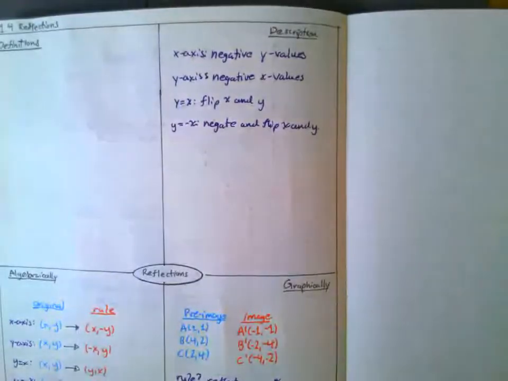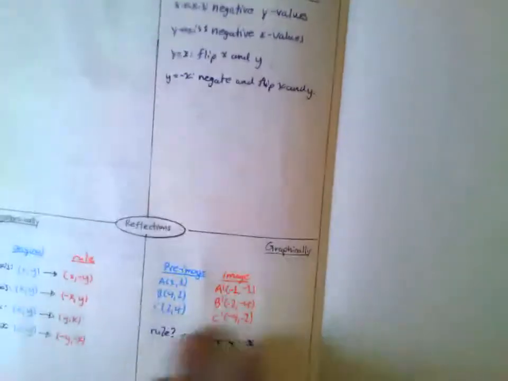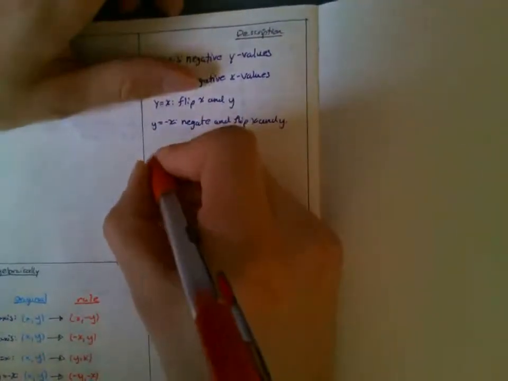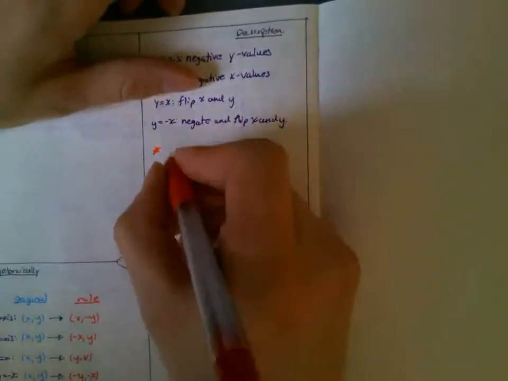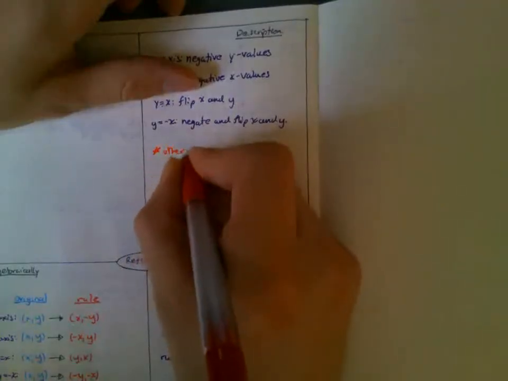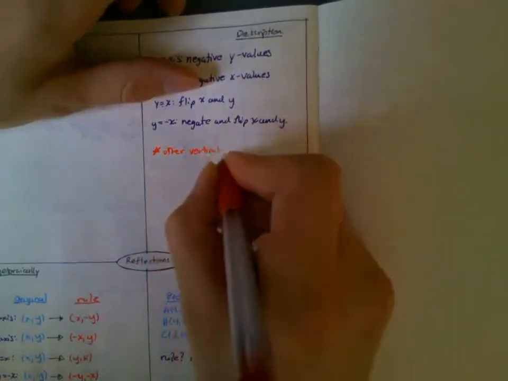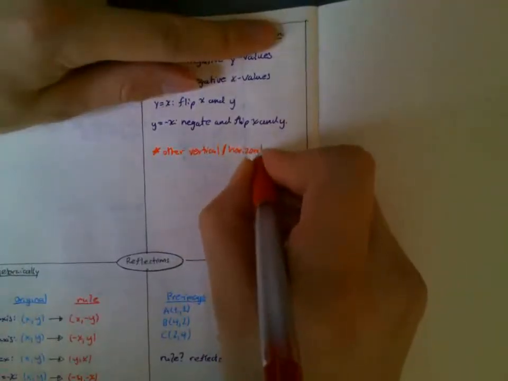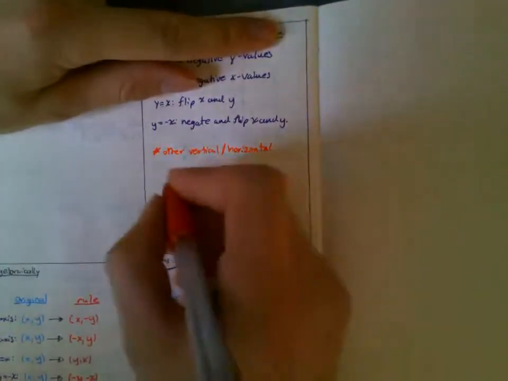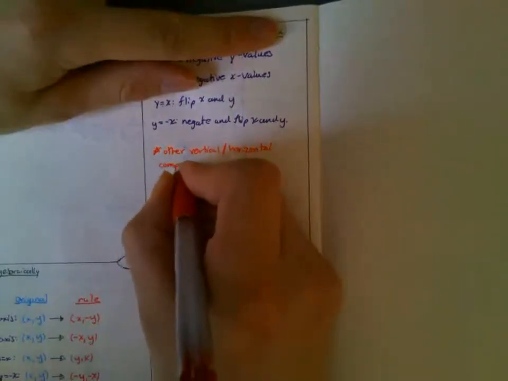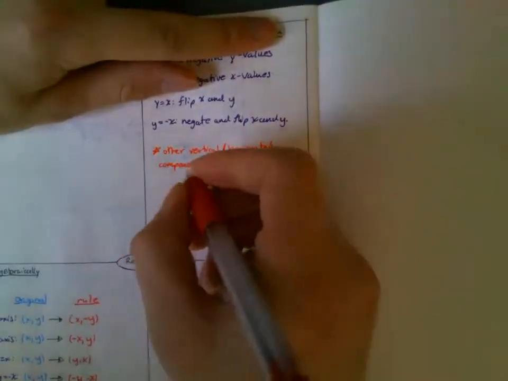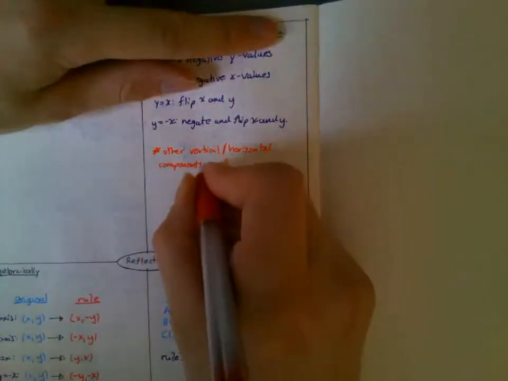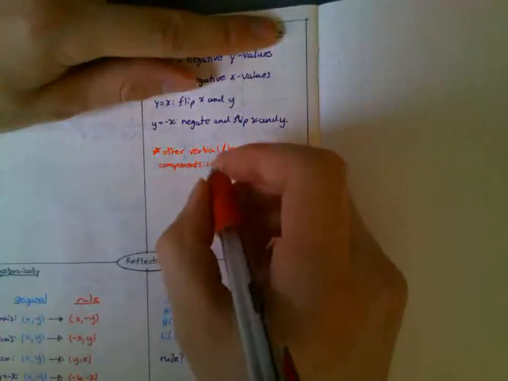Now, here's the star that's going to talk about what I mentioned earlier with these rules down here not listing the other ones involving other numbers. So, star: other vertical or horizontal components. Okay, this is what you do.